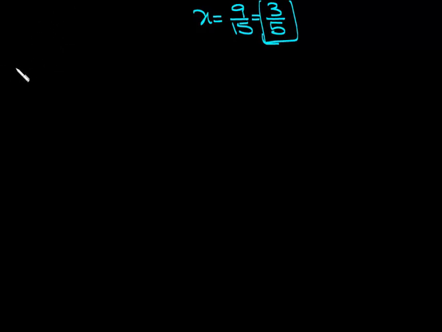The next type of problem we're going to take a look at. So I did two problems with two log terms. The last one is when we have three log terms.